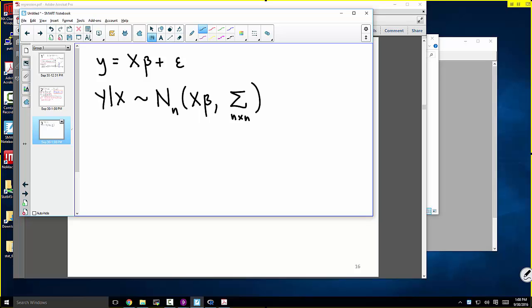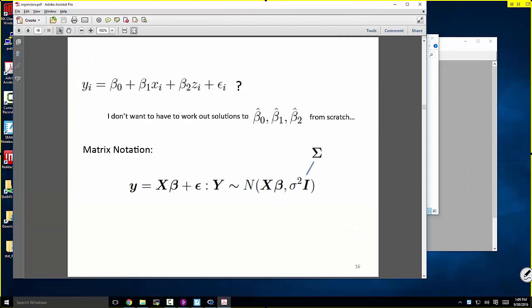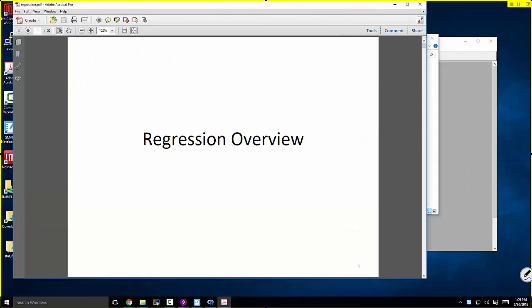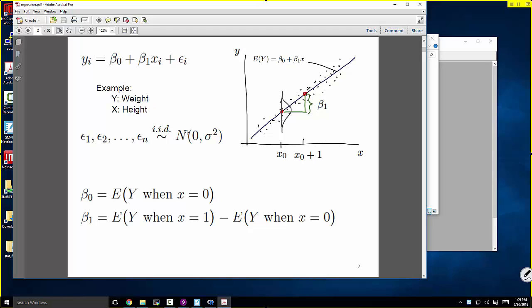Call it capital Sigma. What we are doing in terms of regression is making some simplifying assumptions about that covariance matrix. In particular, so far, we have been assuming that the variances are constant. That would mean that every individual has the same variance.